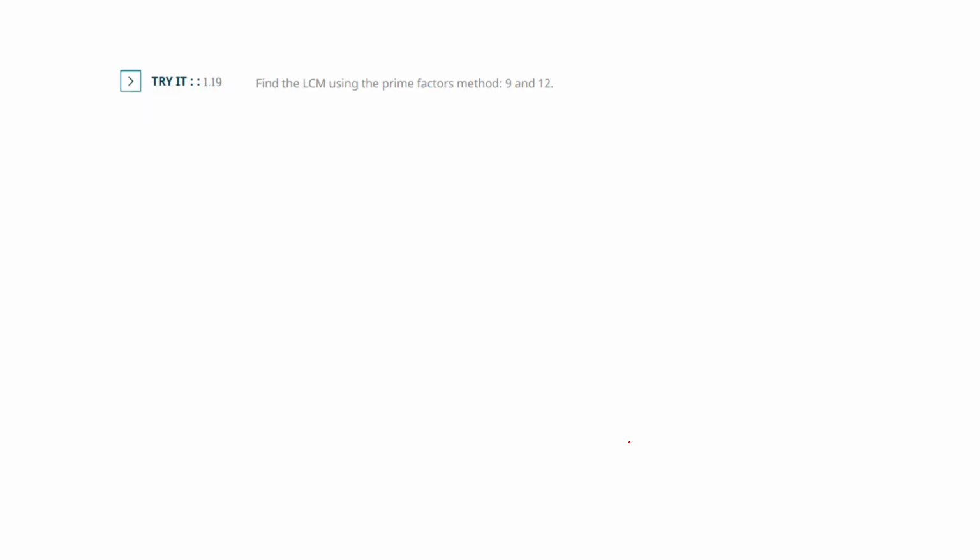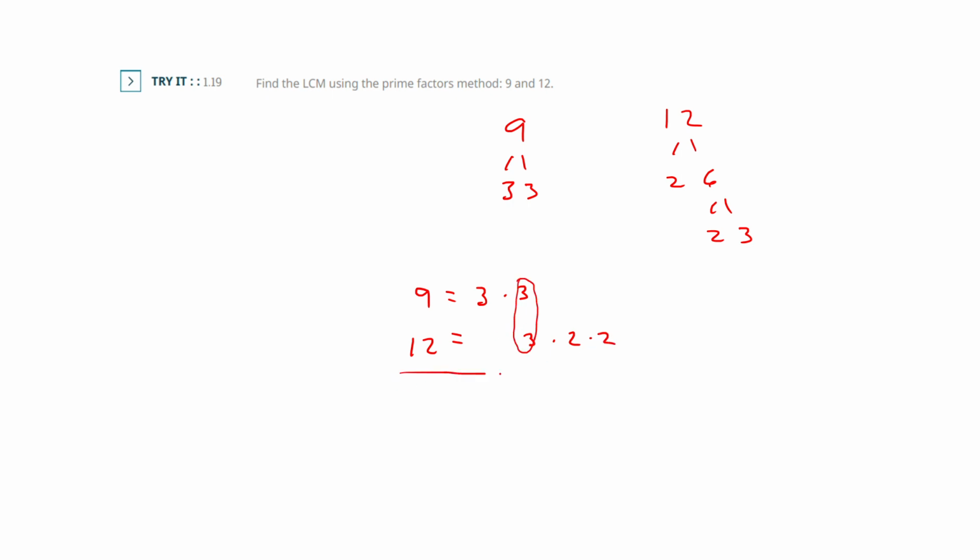Now let me do some more of these here. So if I break 9 down into its pieces, I get 3 times 3. 12 is 2 and 6, 2 and 3. Okay, so I'm going to put these like this. Okay, so anything they share, I'm just going to bring it down one time.